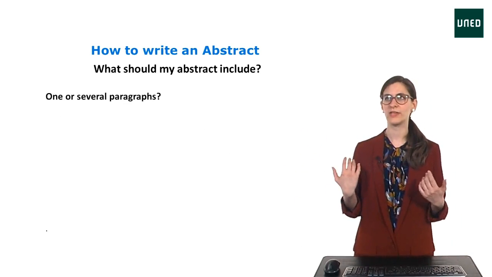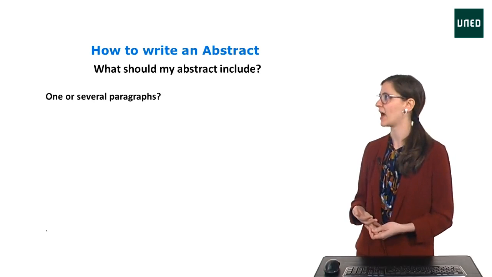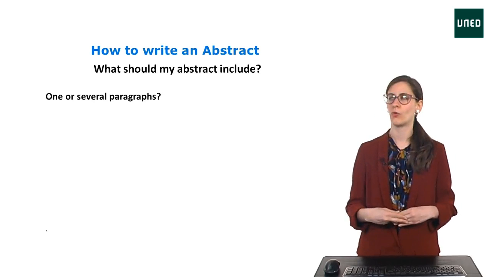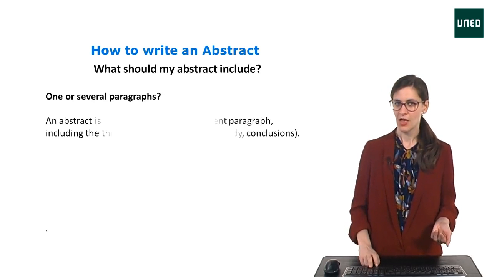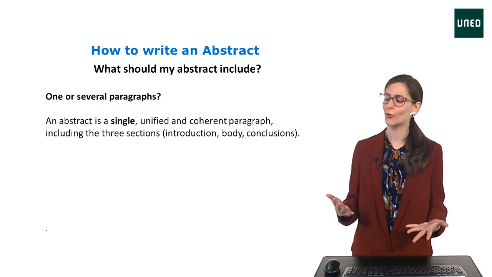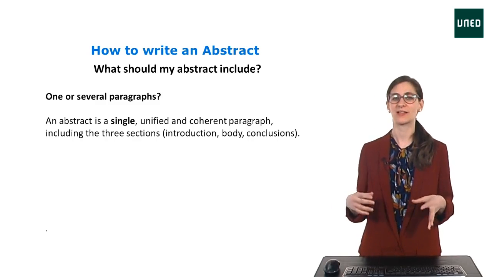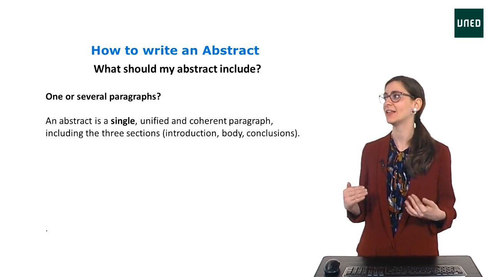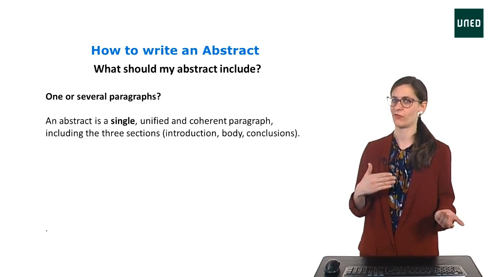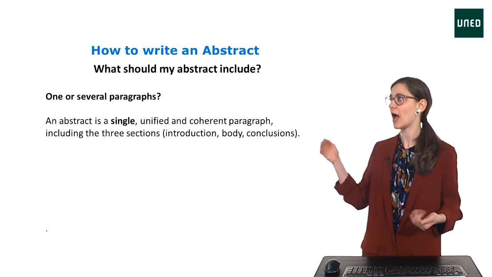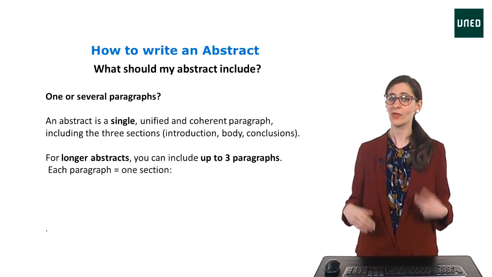Okay, so when we start writing our first abstract, we sometimes wonder whether we need to write 1 or several paragraphs. The answer is more or less quite clear. An abstract is usually just a single, unified, and coherent paragraph, including the 3 sections that we've already seen: introduction, body, and conclusions, okay?